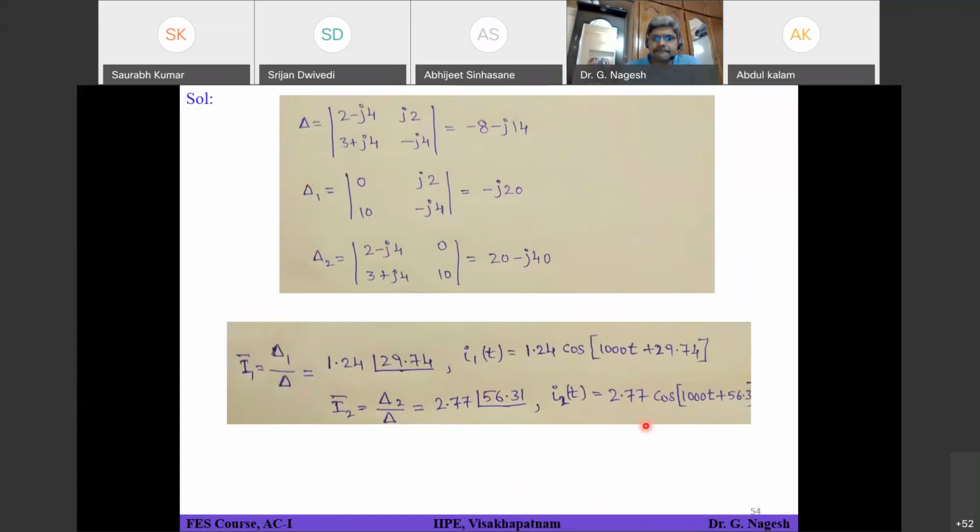In the question I have not asked for the current through that middle branch, but if I ask, you subtract I1 minus I2 based on the direction you have chosen. In the present direction, the current flowing from top to bottom will be I1 minus I2. You can convert that phasor into the equivalent time domain function and give me the expression. This is how you have to do your mesh analysis.